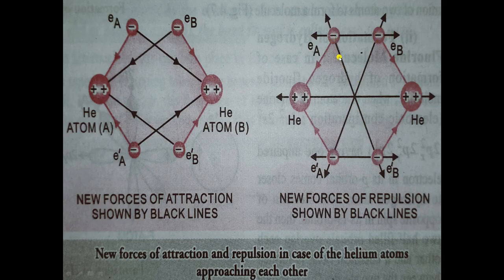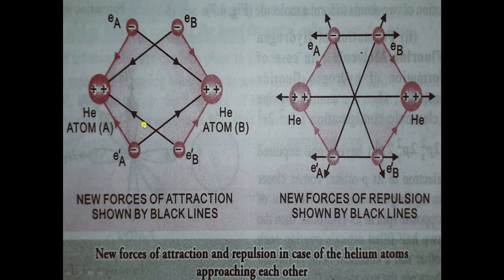Similarly, this is the second force of repulsion, this is the third force of repulsion, this is the fourth force of repulsion, and this one is the fifth force of repulsion, which exists between the nucleus of the first helium atom and the nucleus of the second helium atom. So in total there are 5 repulsive forces.